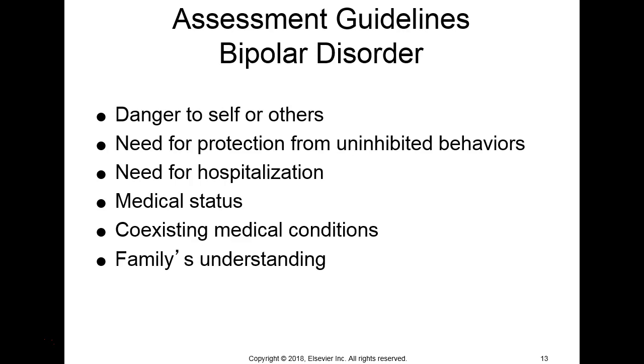The need for hospitalization might also deal with other medical issues going on. If they are to the point where they're not sleeping, they're not eating and drinking appropriately, they're putting their health at risk, they may need hospitalization in order to get stabilized. They might have other coexisting medical conditions that we need to help them with, because perhaps because of their lack of judgment when they're manic, they may not be taking their medical meds appropriately.